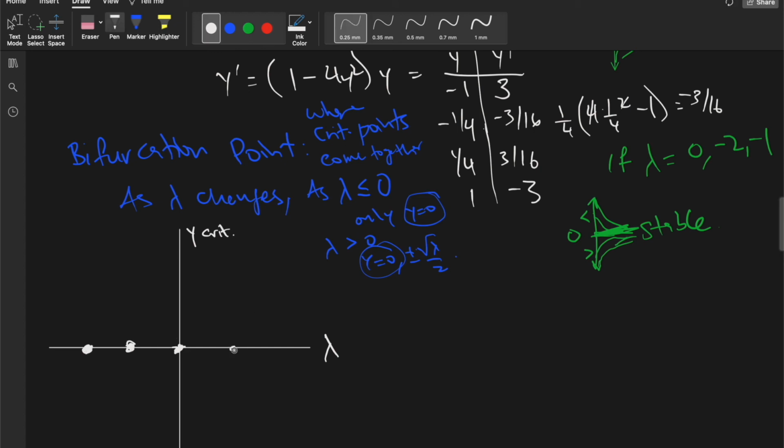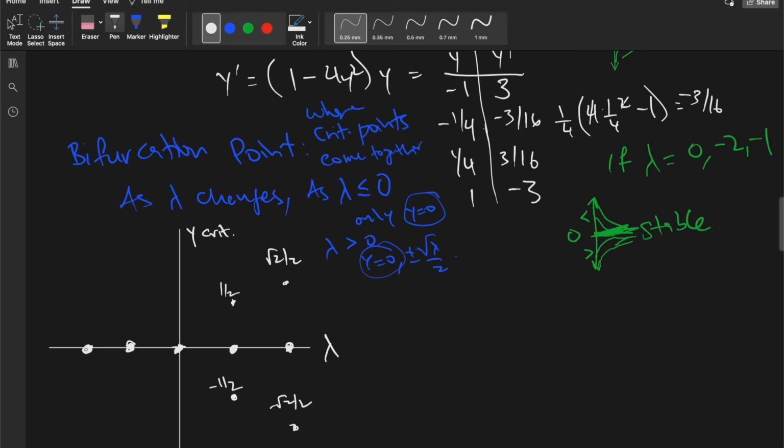And even for 1 or 2, we still have 0 for y as a critical point. But for positive values, we also have other values. We have 1/2, negative 1/2, root 2 over 2, negative root 2 over 2.